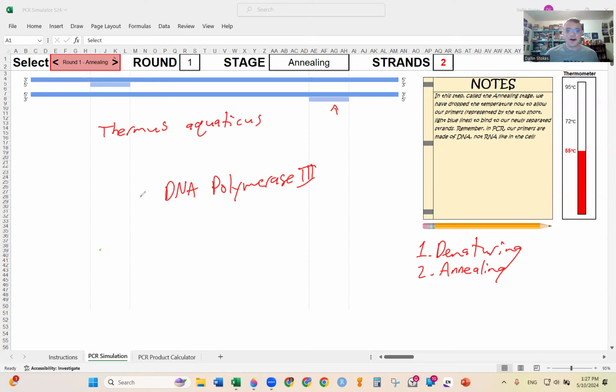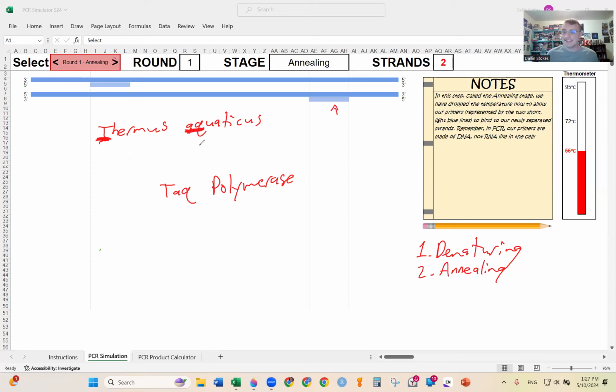So we call that enzyme, because that's the one that we're going to use, Taq polymerase. It's tacky, I know, right? Because that stands for a DNA polymerase that came from Thermus aquaticus. So the Taq just stands for which bacteria we stole it from.